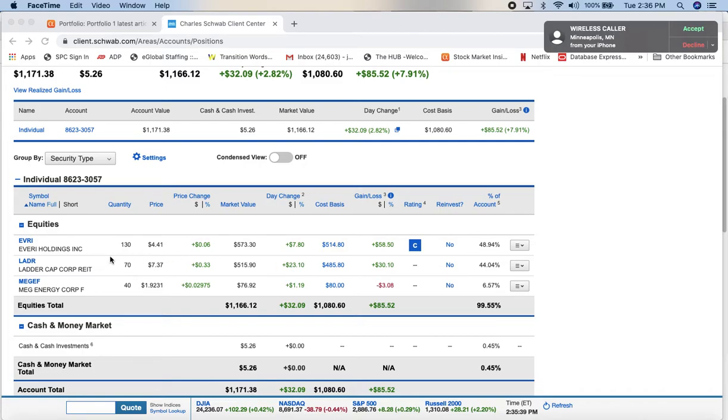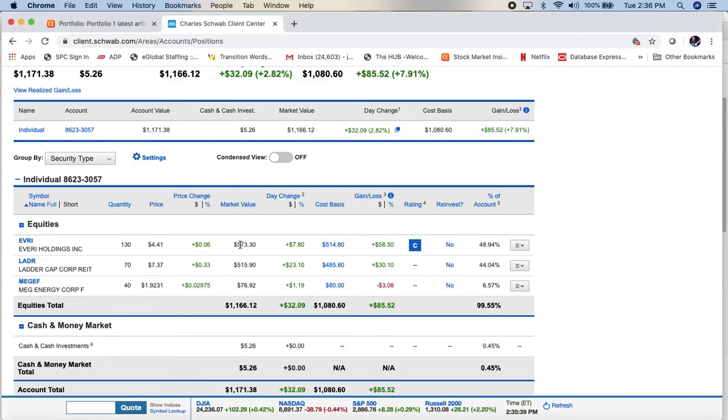And it shows you the quantities that I have. It shows you the price that they are right now. And then it shows the total market value for the quantities that I have. It shows you what my gains and losses would be if I were to trade them right now.